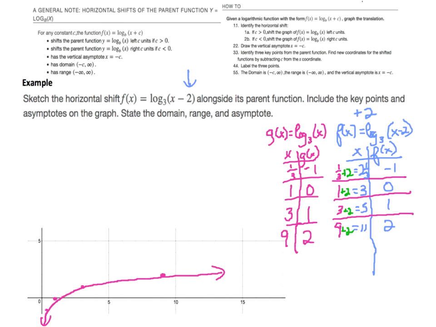So 2 and 1/3, -1 is about right here. 3, 0, 5, 1, 11, 2. So my vertical asymptote for my transformed function is 2.